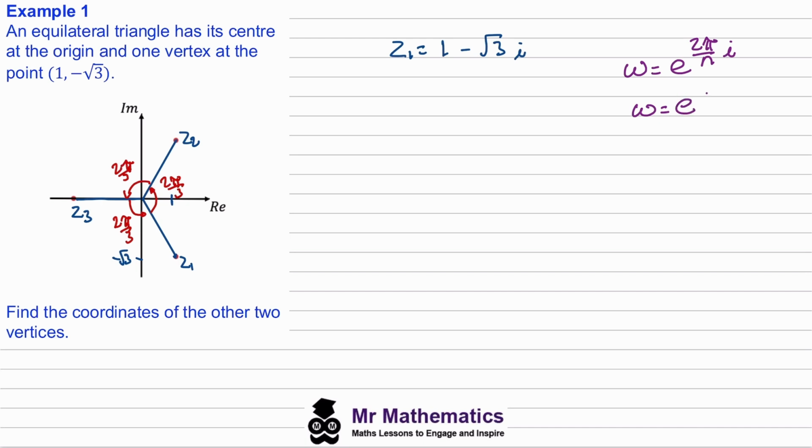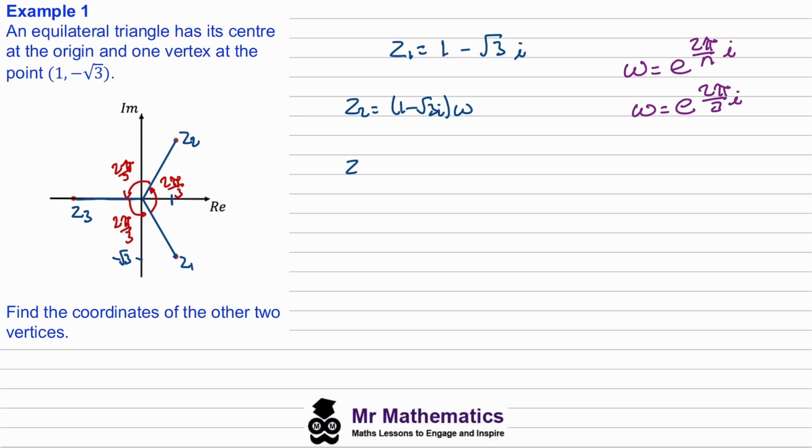So omega will be e to the power of 2 pi over 3 i. And to work out Z2, all we need to do is to multiply Z1, the first root, by omega. And this will rotate it by 2 pi over 3 radians. And then to work out Z3, we multiply it by omega again.